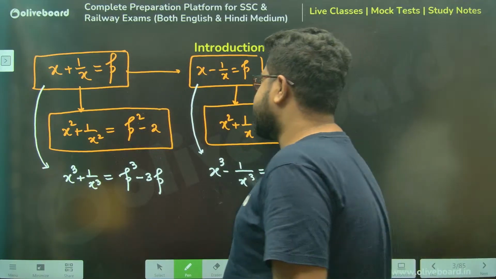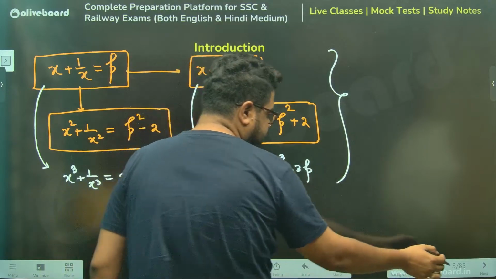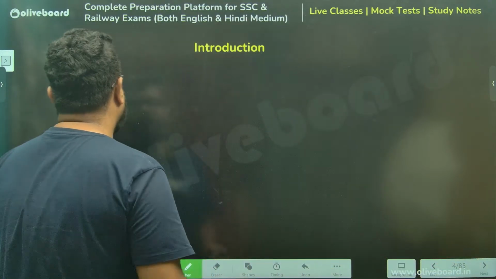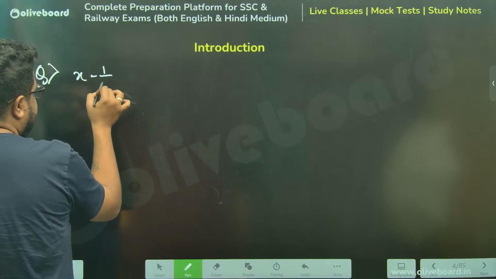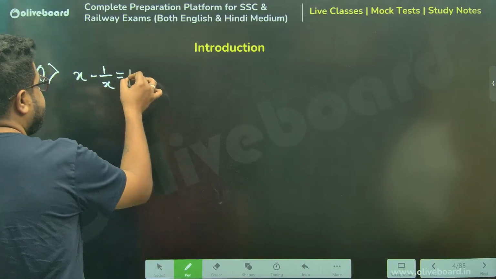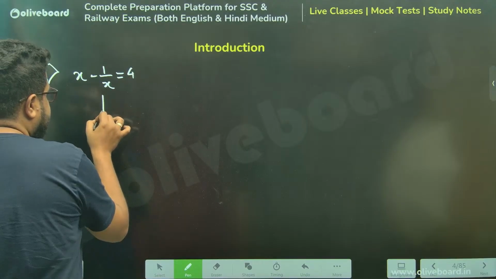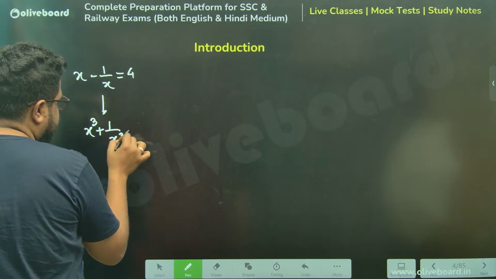Now there is a question. What if they ask you something like this? Question, let's take: x minus 1 by x is equal to, let's say, 4. And I am asking to find x cube plus 1 by x cube.